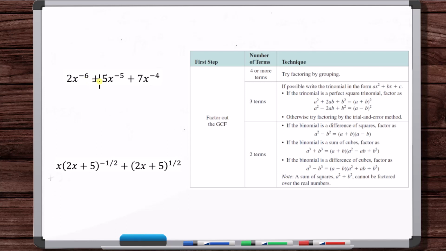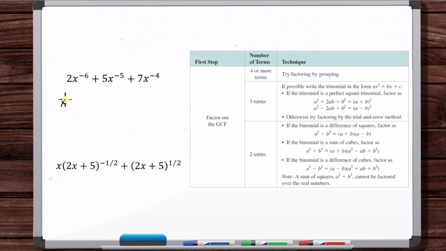Okay, now here's the last advanced level difficulty situation you could come across. You might have negative exponents or fractional exponents. So what do you do here? If you come across a problem like this, you're going to want to think about making a substitution, but also you might be able to do a clever factoring.